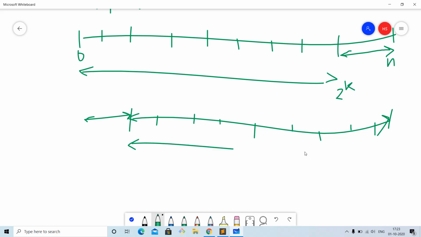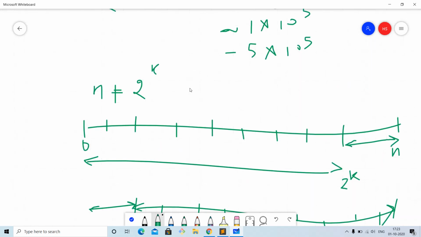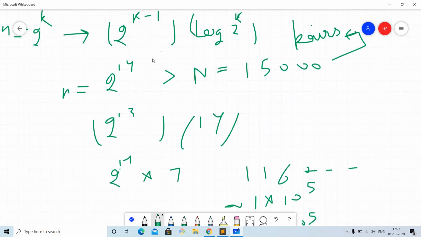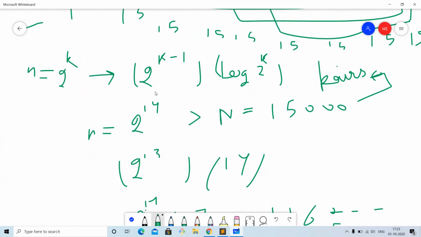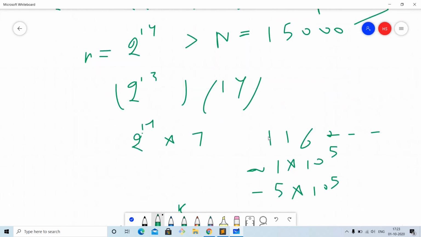What we have achieved is 2 to the power k minus 1 times log of 2 to the power k steps. Even if I multiply this by 2, I will still have 2 into 10 to the power 5 plus something, let us say less than 3 into 10 to the power 5. It will still be less than 5 into 10 to the power 5, and we will satisfy the constraint for sure.